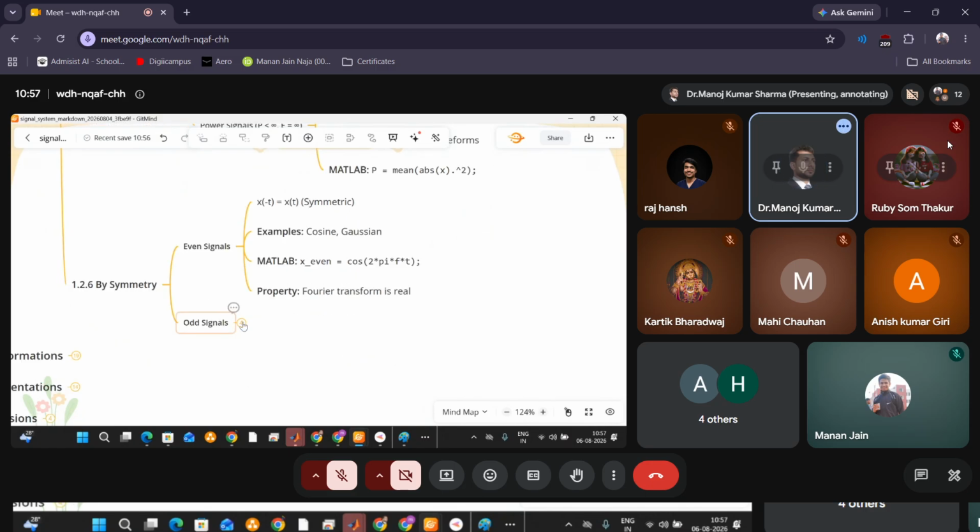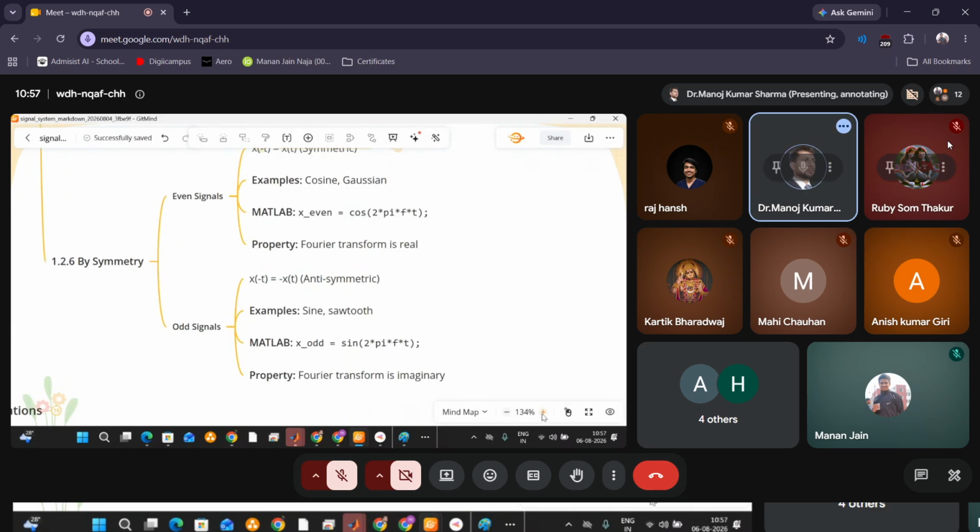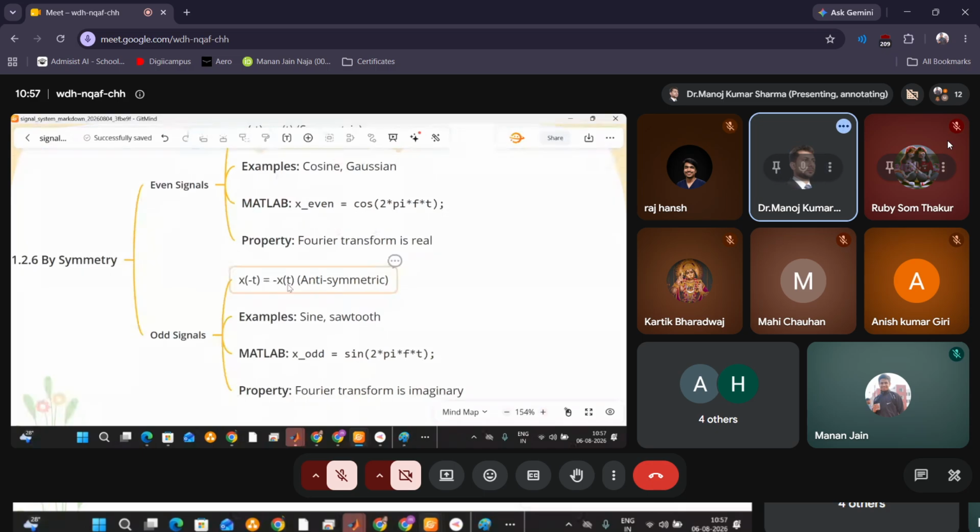So for odd signal, if we have x(t) and we put x(-t) in it, and it gives you minus of x(t), that type of signal is known as an odd signal.